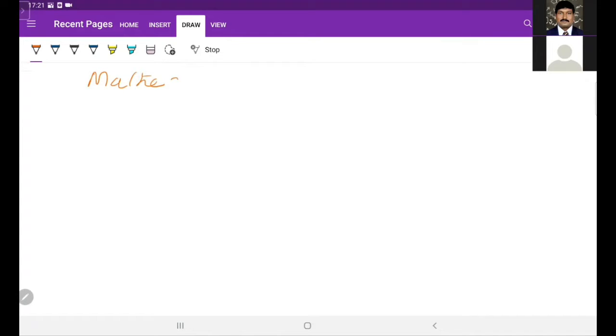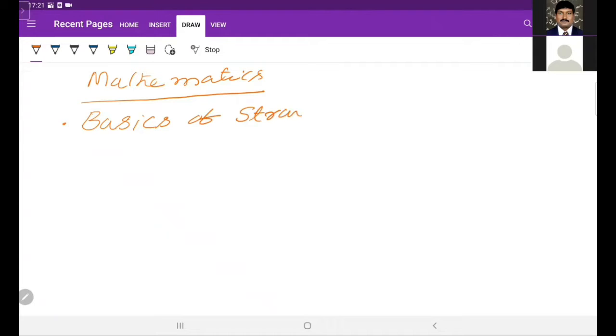Mathematics. So here it is, basics of straight line for IIT JEE.